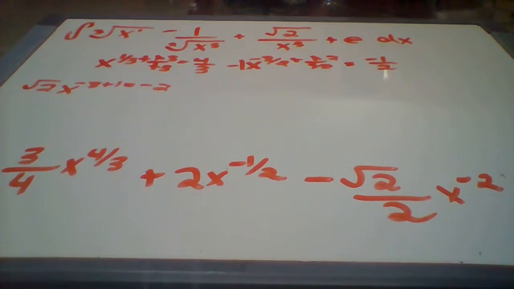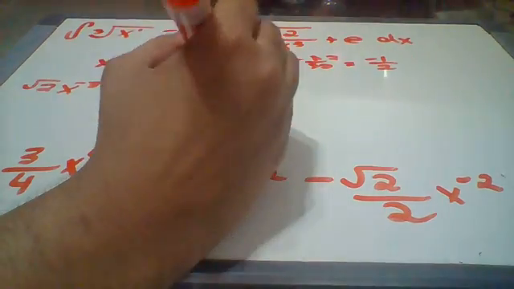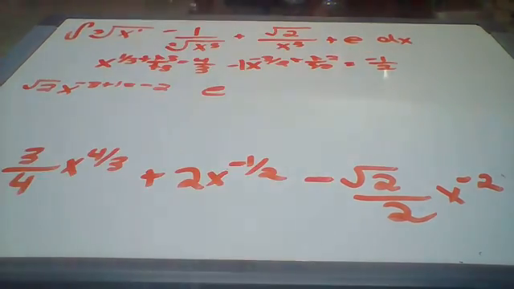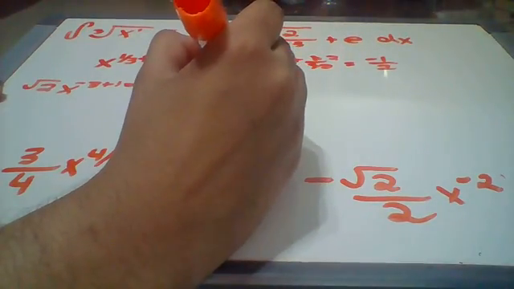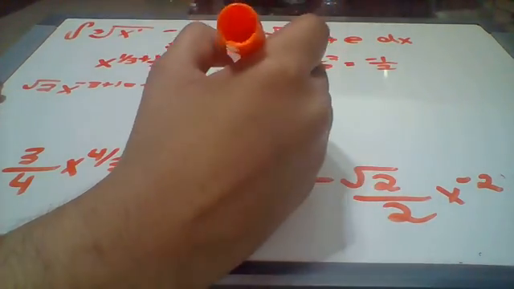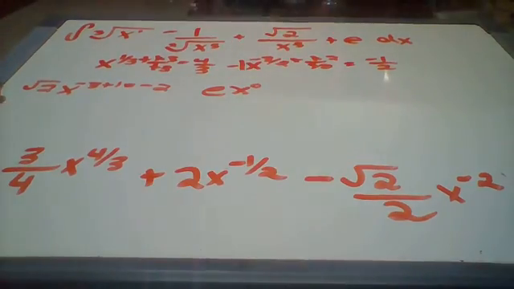And then for the last term, e is a constant, and like all constants, if there was a variable attached to it, it would have a power of 0.